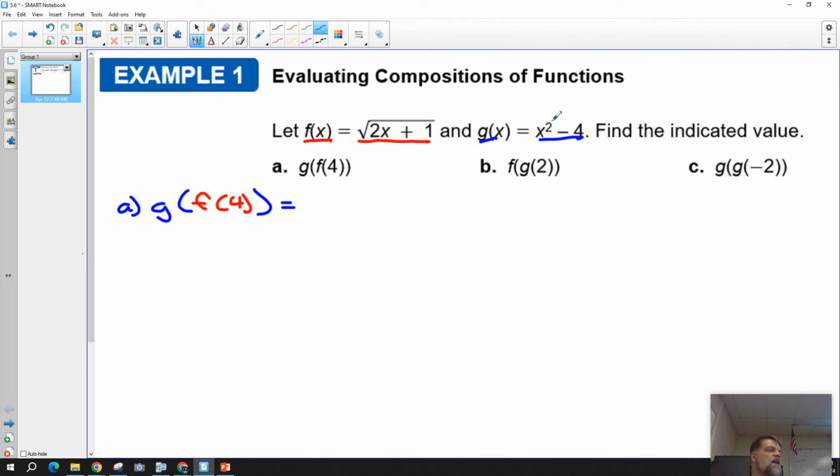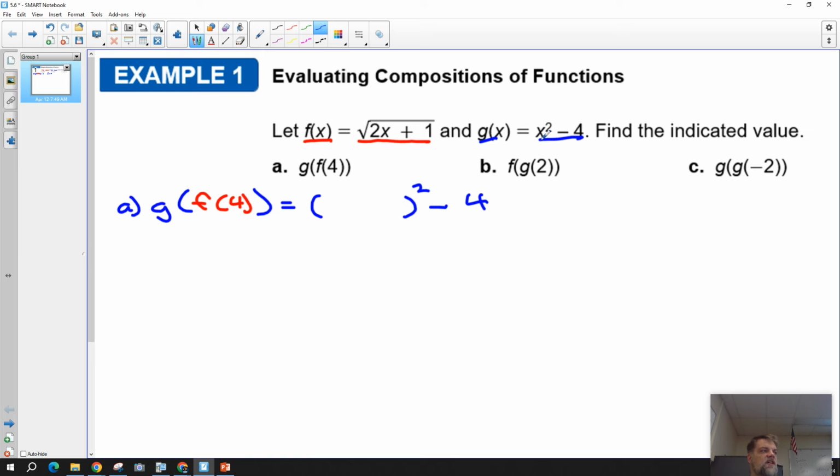So then here, I'm going to write down what g is. But wherever there's an x, I'm going to put a set of parentheses. I'm going to give you a second to write that down, and then I want you to see and compare that wherever there is an x, I put parentheses.